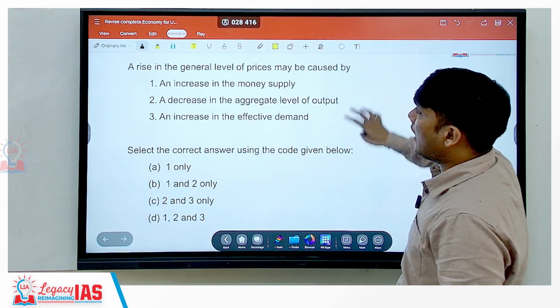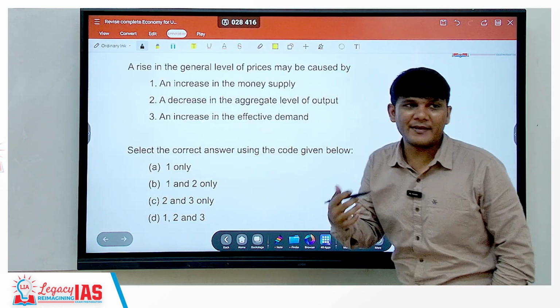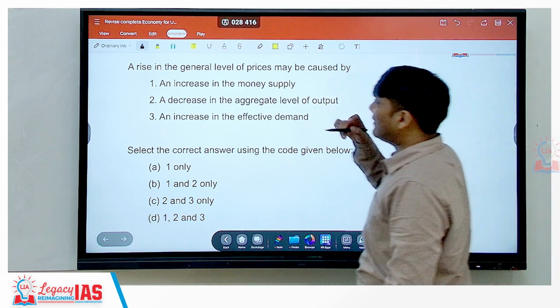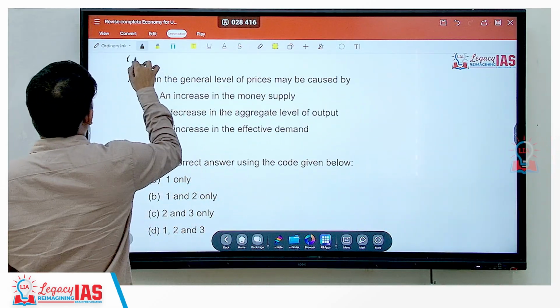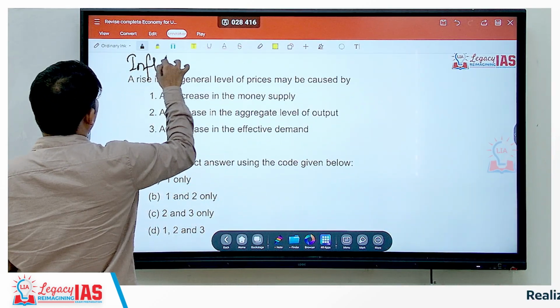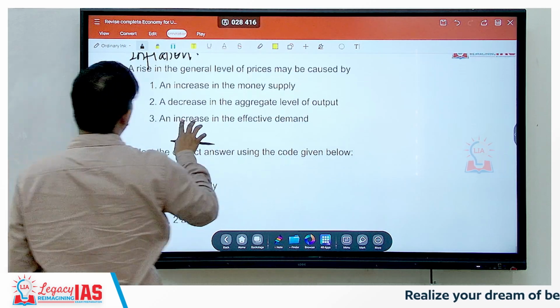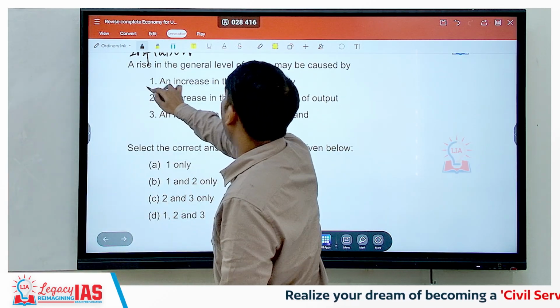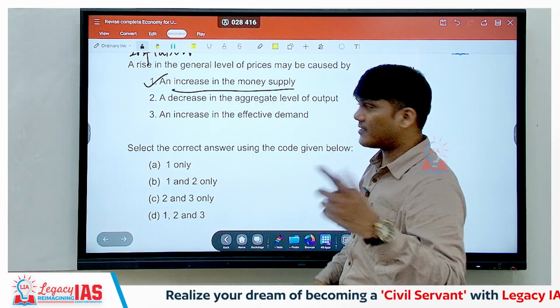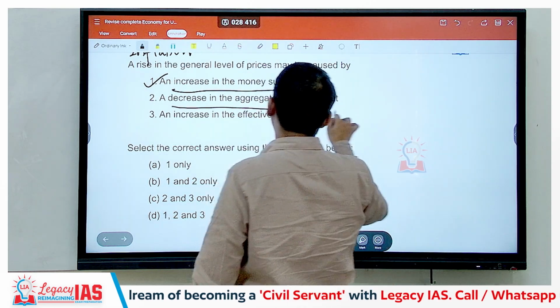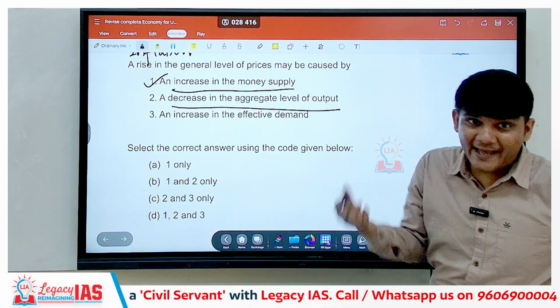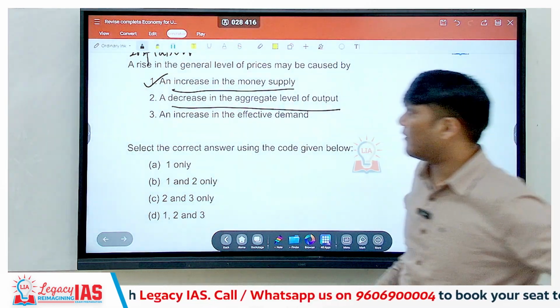Now, a rise in the general level of prices may be caused by, so what are they asking? They are asking about inflation. Inflation may be caused by what? So inflation may be caused by an increase in the money supply, yes. A decrease in the aggregate level of output, yes. If the supply is less, then also inflation will happen.